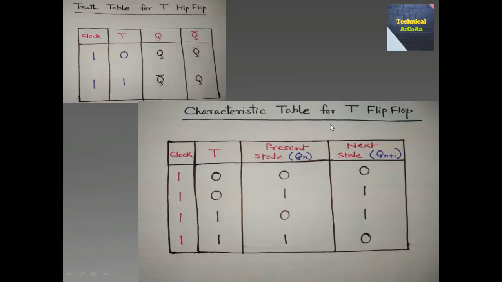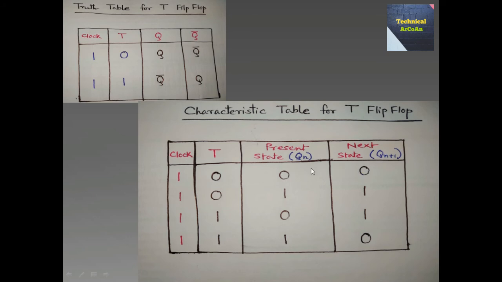Now this is the characteristic table for the T flip-flop, which we got from this truth table. T has two combinations, 0 and 1. When the T value is 0, we get two present values, either 0 or 1. In both cases, when T is 0, the next value is always the same.